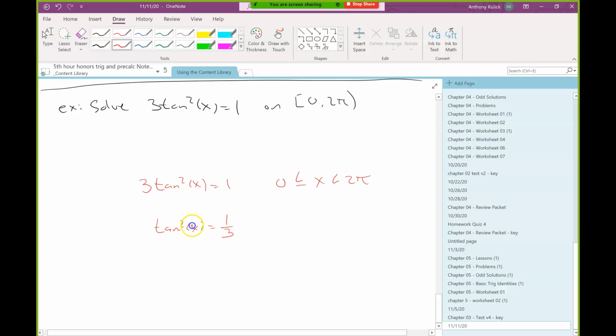And then square root both sides. Yep. So remember, when we square root both sides, we get a plus or minus. And to square root a fraction, we square the numerator and square the denominator. But the square root of 1 is just 1, so I just wrote it as 1 there. Is everybody okay with that?